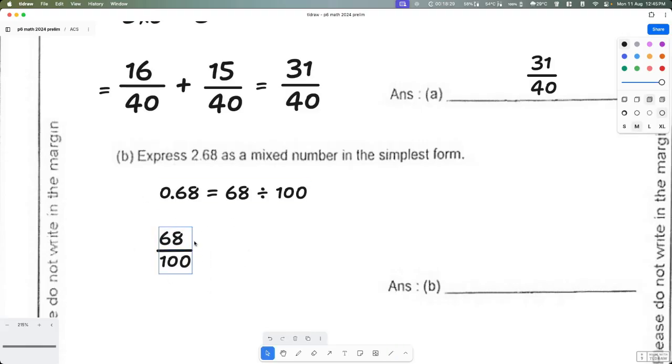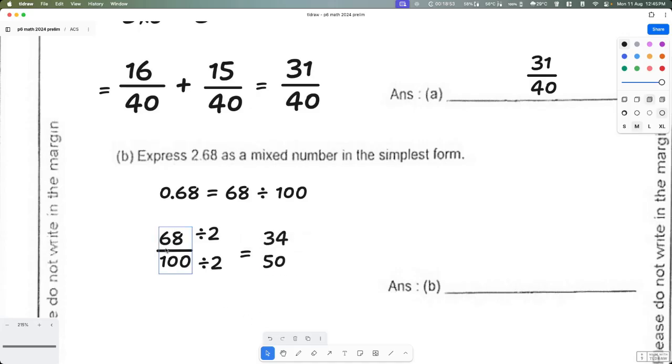What can we divide with? You can simply divide by 2 in each case. 100 divided by 2, and 68 divided by 2 as well. This will equal 34 over 50.